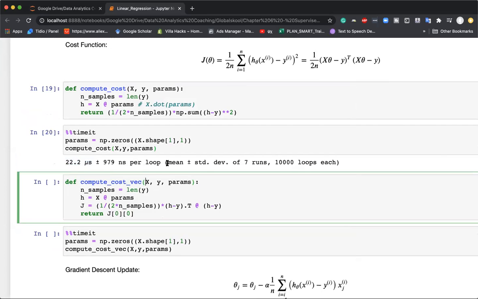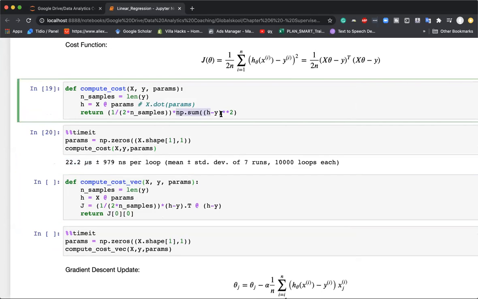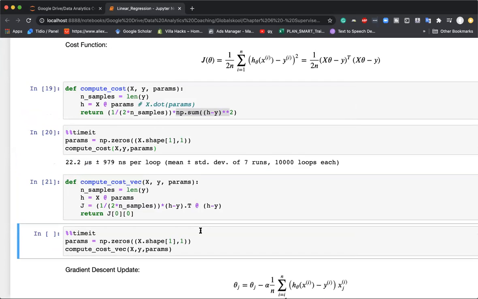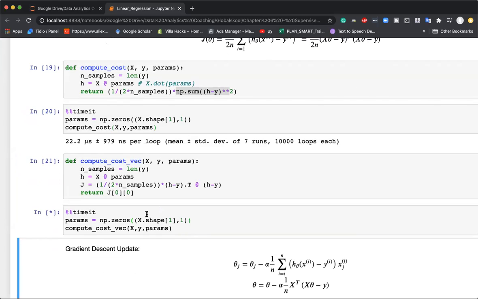But once we vectorize this part also, so instead of np.sum, we vectorize it using our matrix forms, then we evaluate it, and now when we look at the cost, it takes, let's give it a few more seconds.